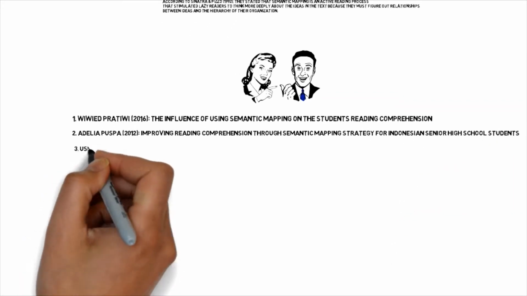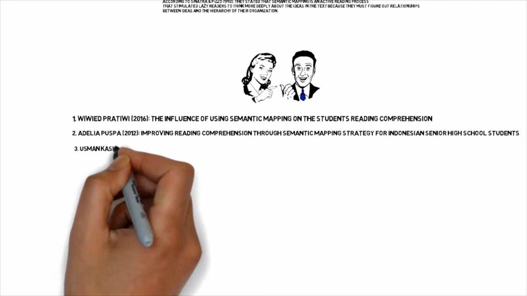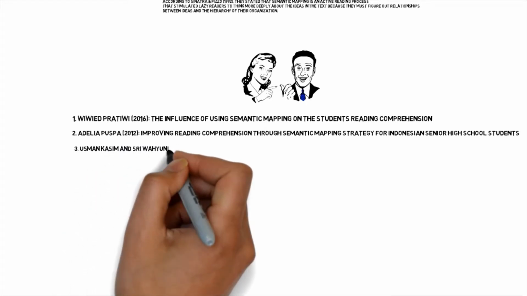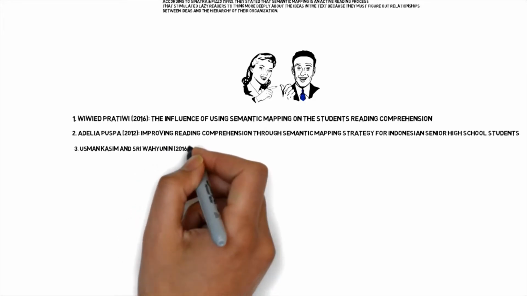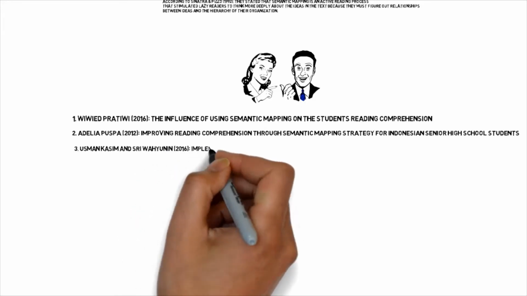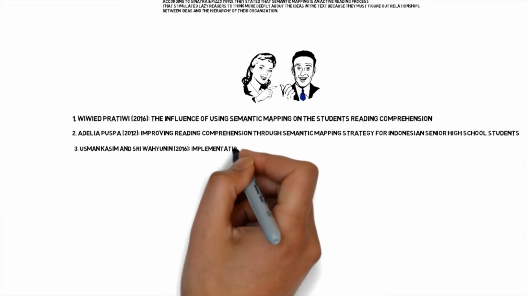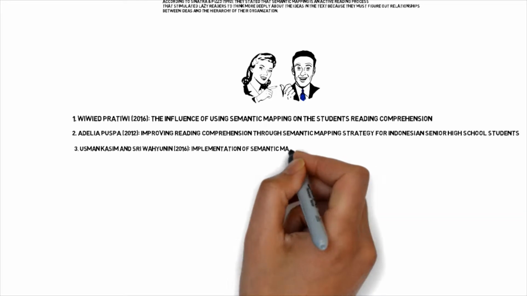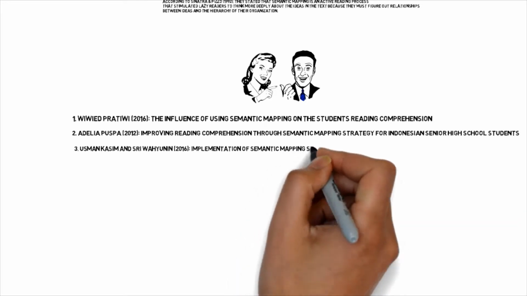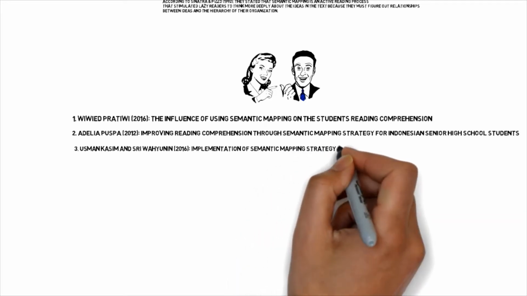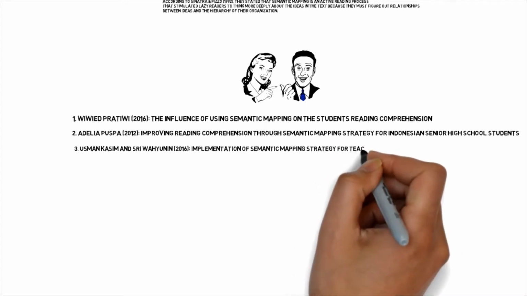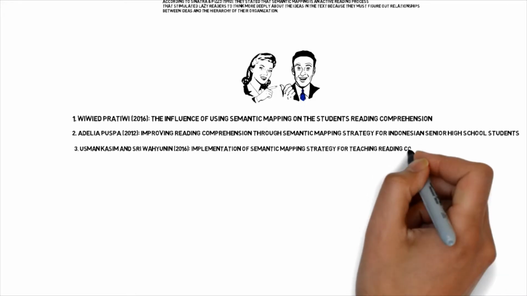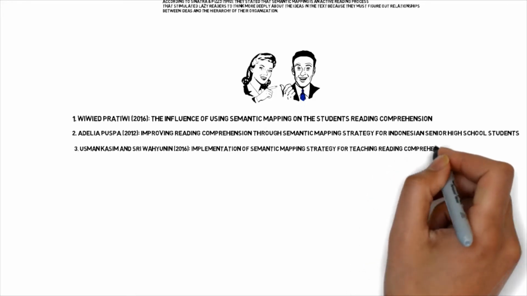And the last is Yuman Kasim and Sri Wahyuni, 2016. With implementation of semantic mapping strategy for teaching reading comprehension. The focus of this research is on what types of reading comprehension subskills can get better results by using semantic mapping strategy, and what are the students' responses toward the implementation of semantic mapping strategy in the reading classroom.